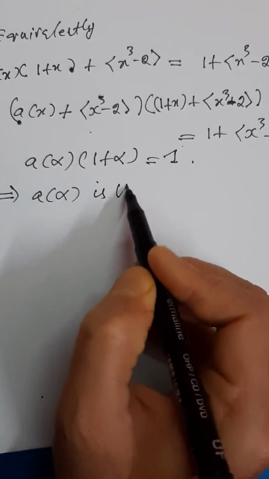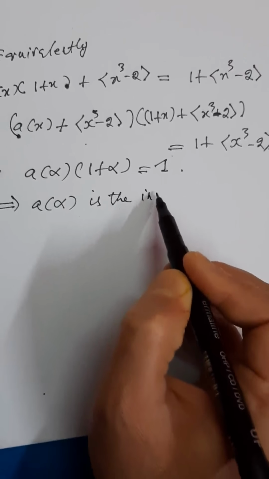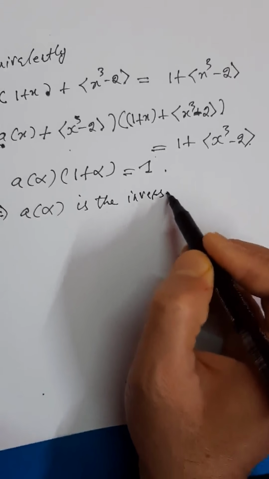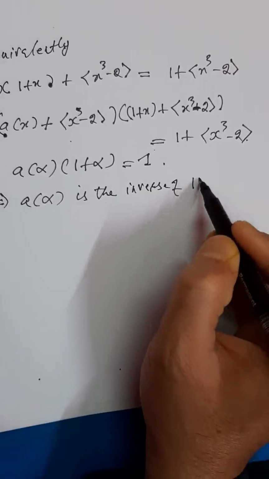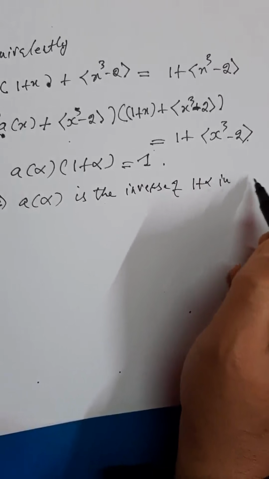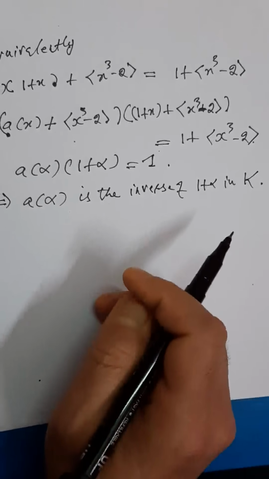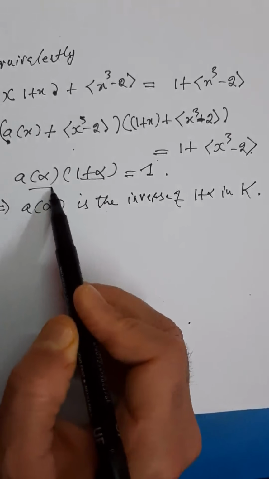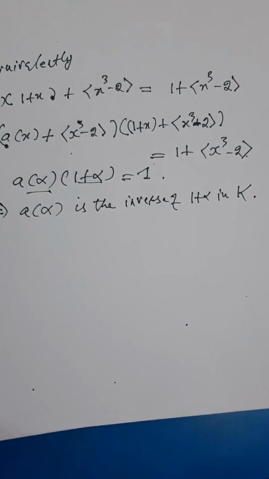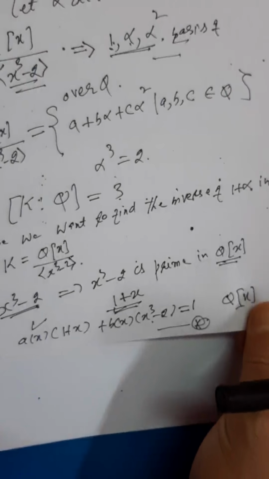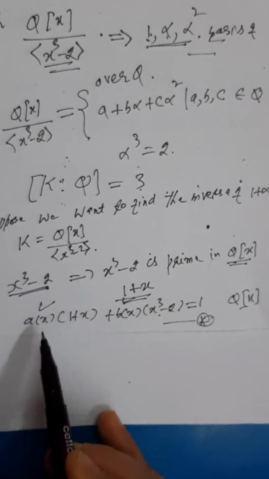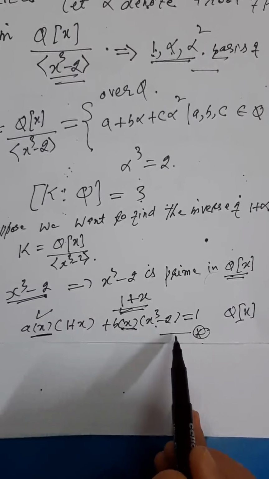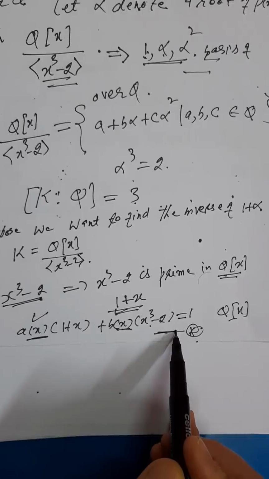A(alpha) is the inverse of 1 plus alpha in K. So therefore, to find the inverse of 1 plus alpha, that is a(alpha), we just have to find suitable a(x) and b(x), these polynomials, such that this equation star is satisfied.